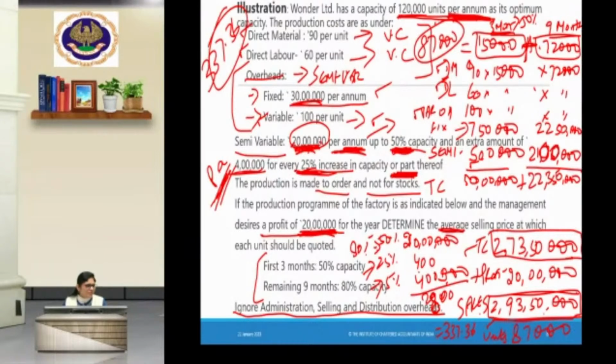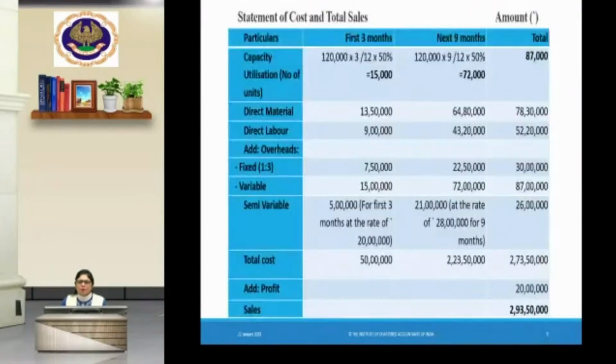Very good, Muhammad Aslam. You always give the answer first. I am glad that you have understood. Any doubts, students? So now I'll be showing you the proper statement of cost. Just have a look, take a note of this. See the total units, 15,000 plus 72,000. This is the total cost we calculated. Profit was already given to us.